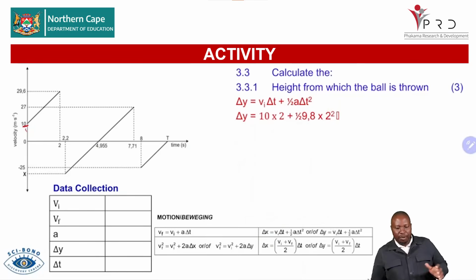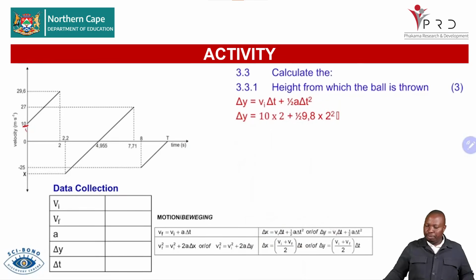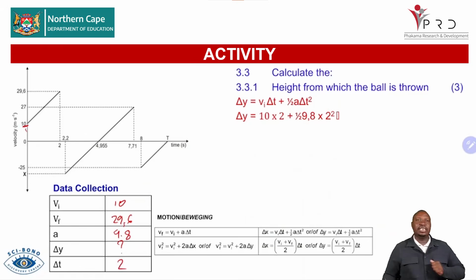All that information is very, very important, because when you come to this data collection, you are able to show that I had an initial velocity of 10, the final velocity was 29.6, acceleration was 9.8, change in y is what we're looking for, and change in time, it took 2 seconds to reach there. When you choose the formula, you know the correct formula must have change in y, because we're looking for change in y.